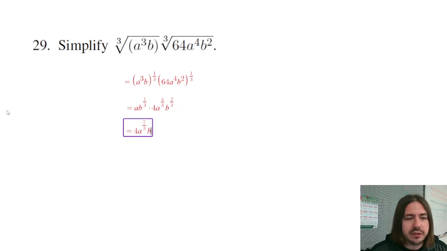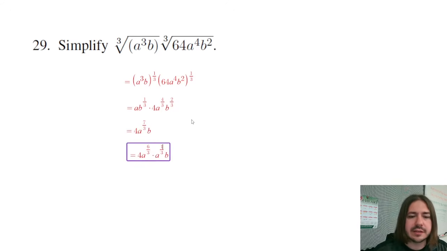Now you may see this rewritten back as a root. So this a to the 7/3, one thing we can do here is rewrite this as a to the 6/3 times a to the 1/3. 6/3 is the same as 2. So we have 4 times a squared times b times a to the 1/3.